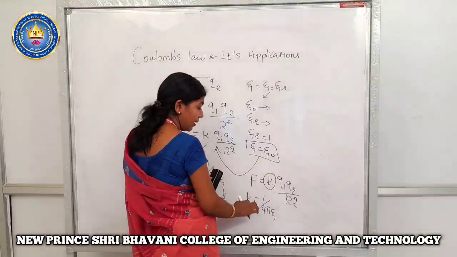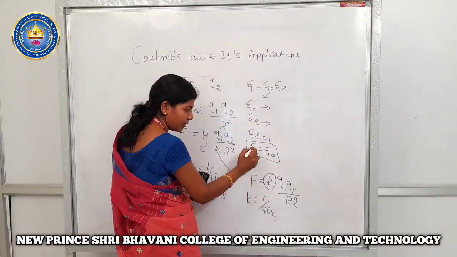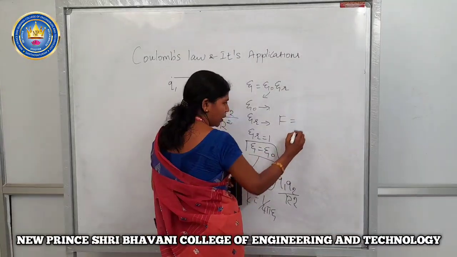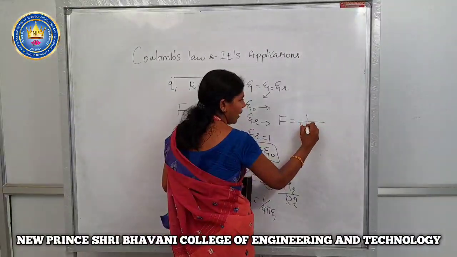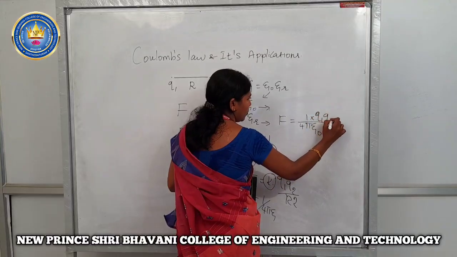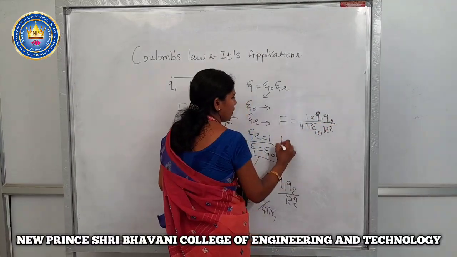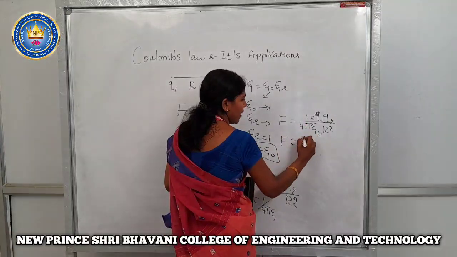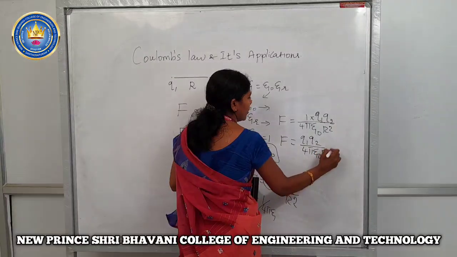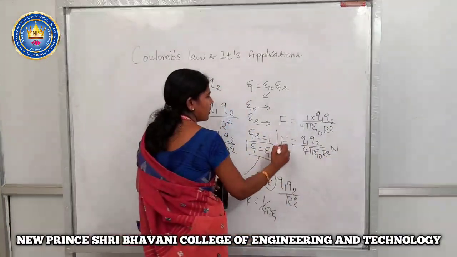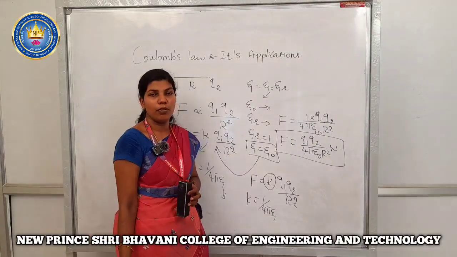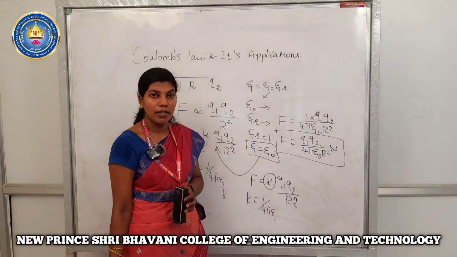As I said, for free space epsilon becomes epsilon naught. Then K is equal to 1 divided by 4 pi epsilon naught. So F is equal to Q1 Q2 divided by 4 pi epsilon naught r square Newton. This is the formula for Coulomb's law.